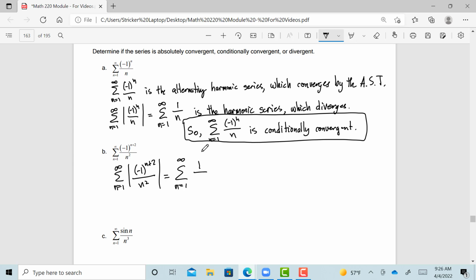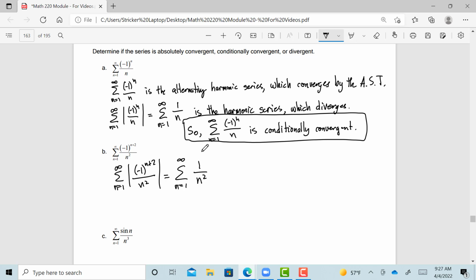We're left with 1 over n squared. Now, is that a familiar series? What can we say about that series? This is something that you should all know how to do. This is a series that converges. Why does it converge?